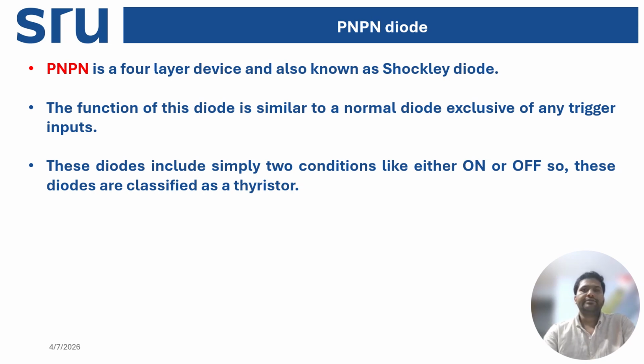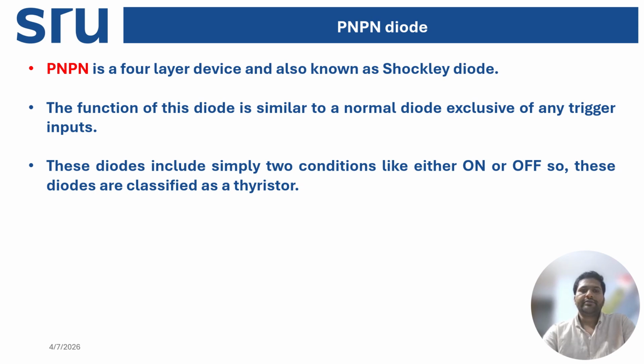So let us come to the PNPN diodes. It is a combination of P-type, N-type, P-type and N-type. It is a four-layer device, also known as a Shockley diode.